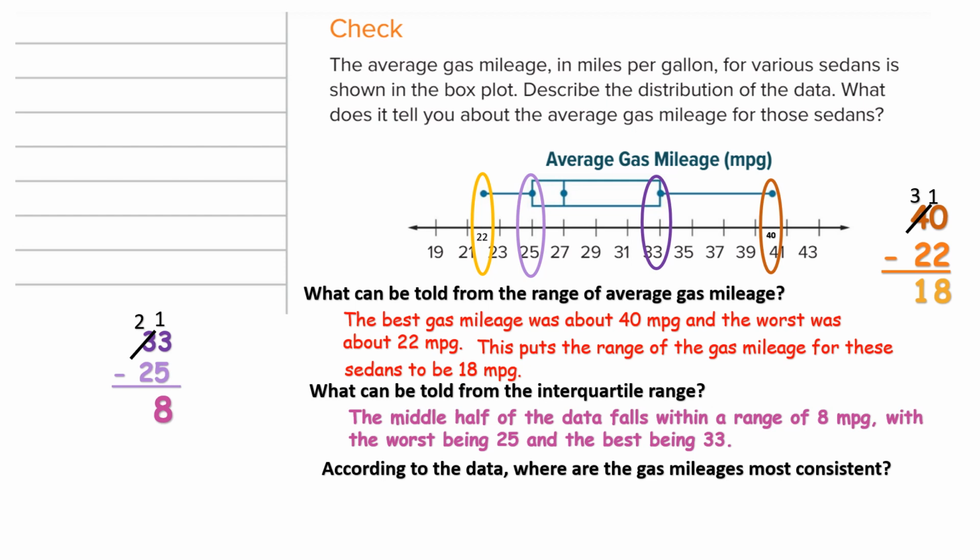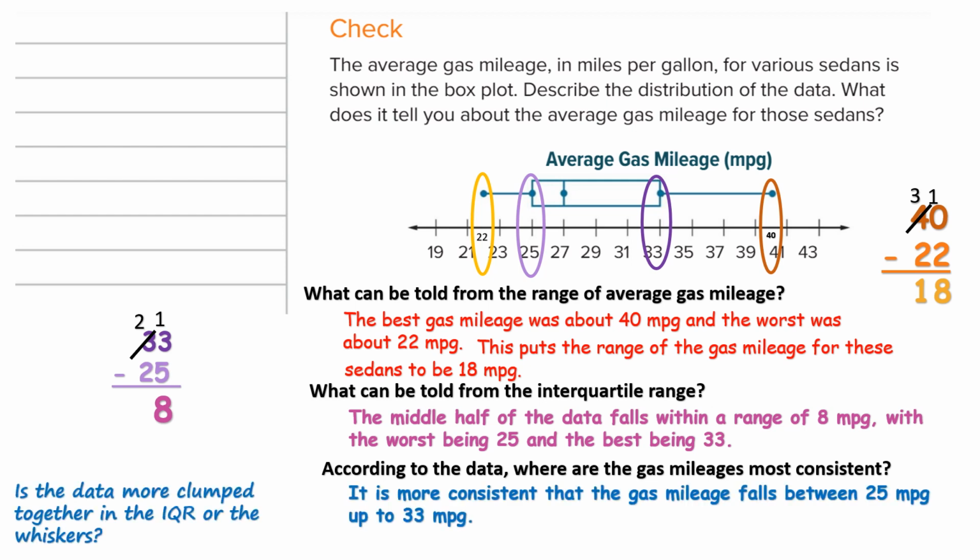Now, this one gets a little bit trickier because it does look like they would be pretty similar and probably almost equal. But if I use a ruler or some other means of measurement to truly compare, then I can tell that one is indeed smaller than the other. So when I start comparing, I can see that the majority of the data is more clumped together in the interquartile zone, right?